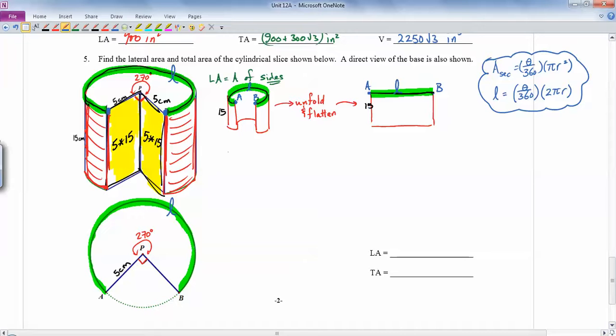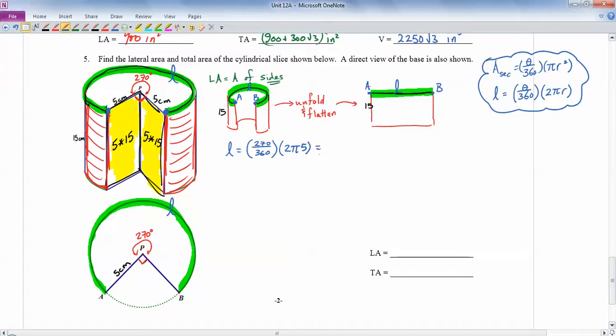So I know that L equals the central angle, 270 out of 360, and it's a length, not an area. So I want to get a fraction of the circumference, right? 2 pi r. Well, r is 5. 2 pi times 5.